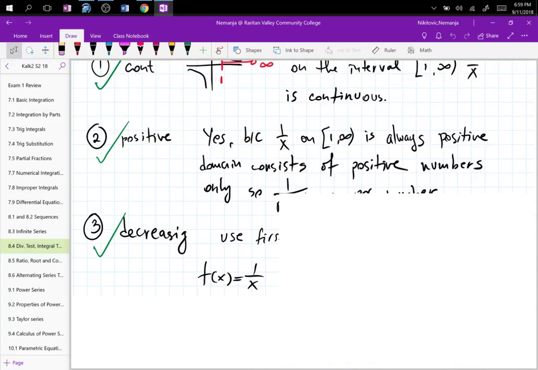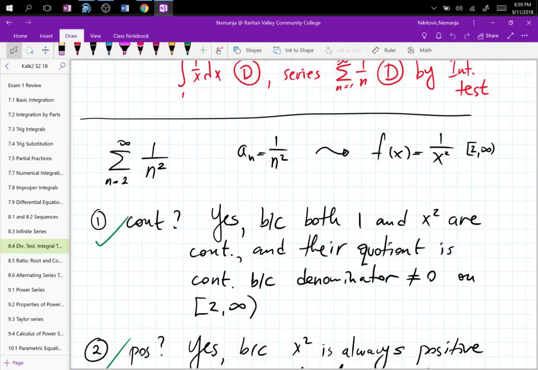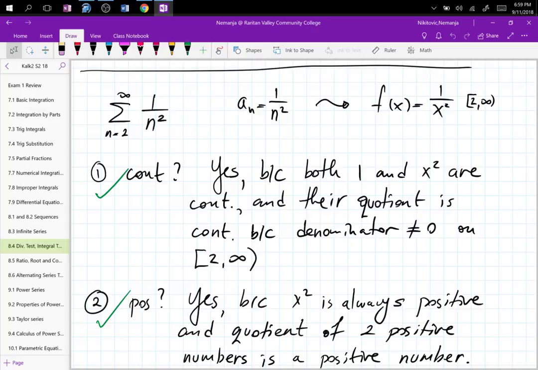So, when I hit this problem, it doesn't matter what's happening in the problem. I want you to focus on number one. It says, is it continuous? Well, this function, is it continuous?